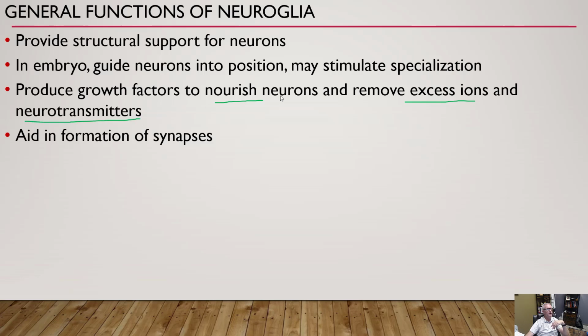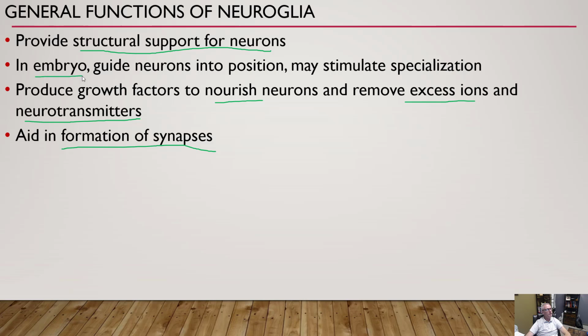They provide the oxygen and the nourishment for the neurons. They help form those synapses between neurons to muscles, neurons to glands. So a lot of structural support for neurons.